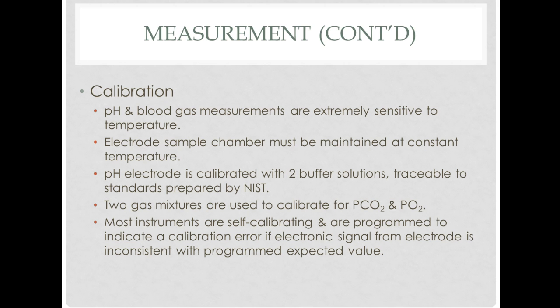The electrode sample chamber must be maintained at a very constant temperature. The pH electrode is calibrated with 2 buffer solutions, which are traceable to standards prepared by NIST. 2 gas mixtures are used to calibrate for CO2 and O2, and most instruments are self-calibrating and are programmed to indicate a calibration error if an electronic signal from an electrode is inconsistent with the programmed expected value.